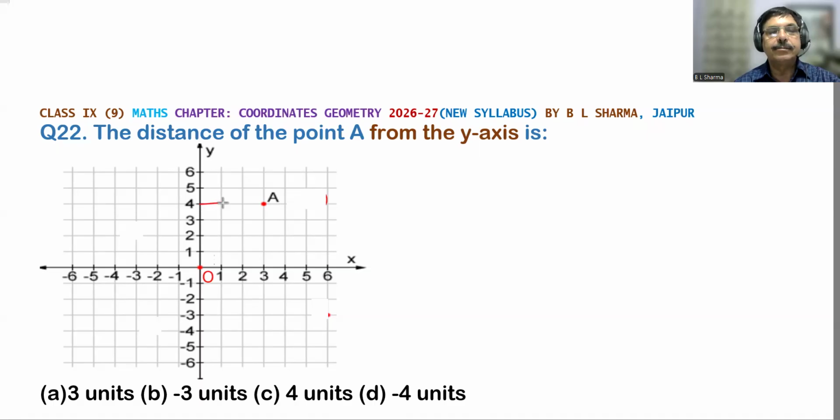The distance is 1 unit, 2 unit, and 3 unit. So which is the correct option? And distance from the x-axis, from here also, see, it is 1, 2, 3, 4.